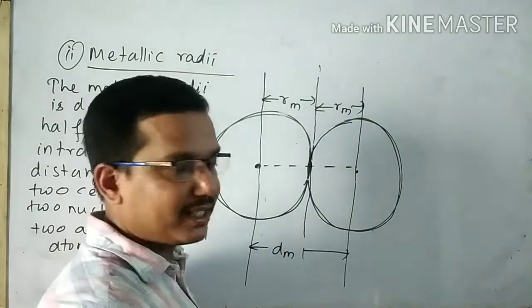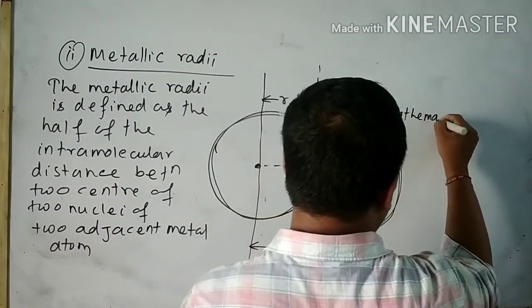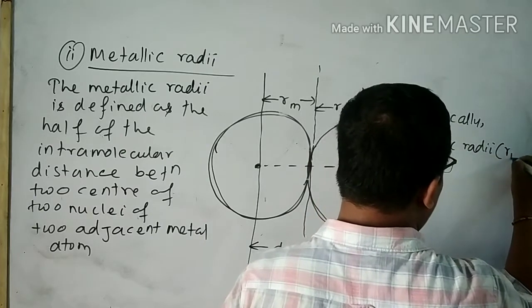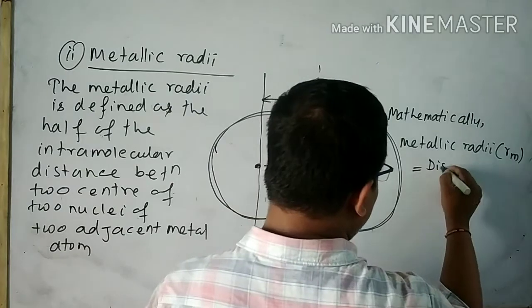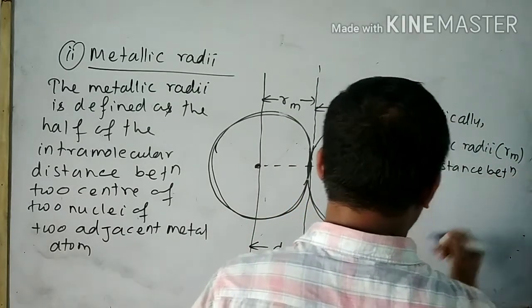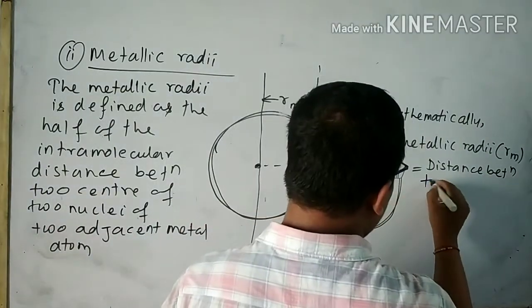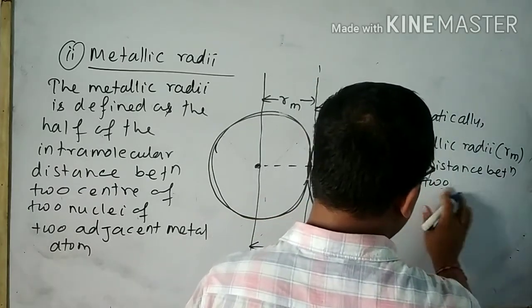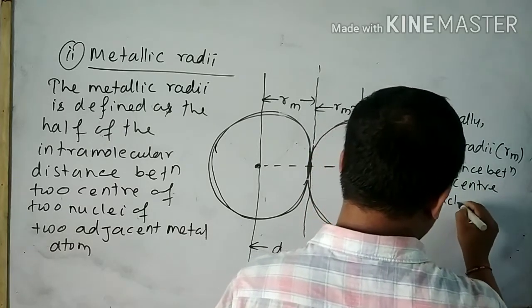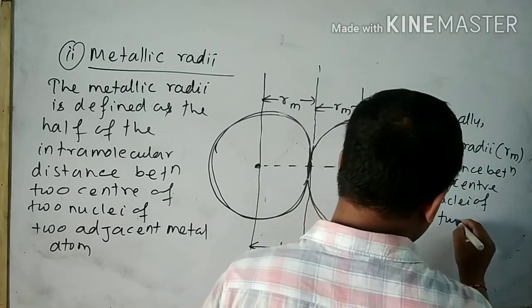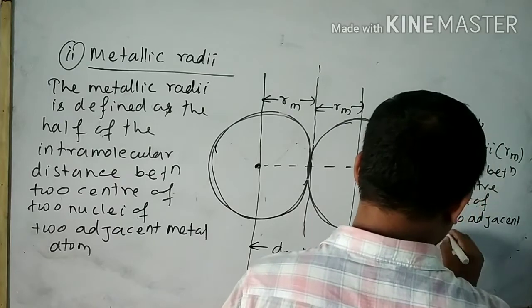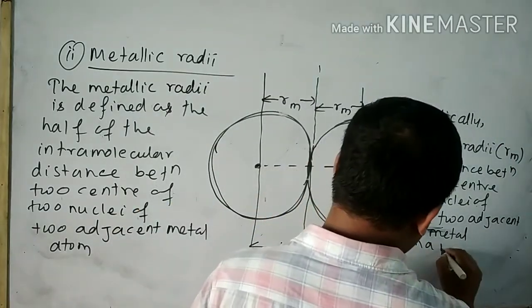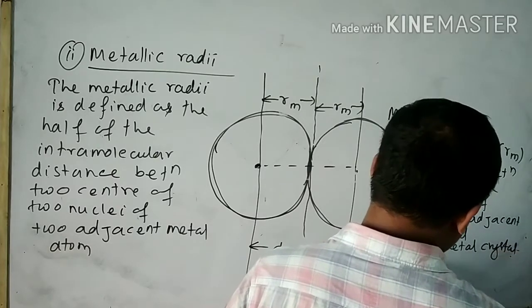Next we can give the mathematical representation. Mathematically, metallic radii, taken as Rm, is equal to the distance between the two centers of nuclei of the two adjacent metal atoms in a metal crystal, divided by 2.